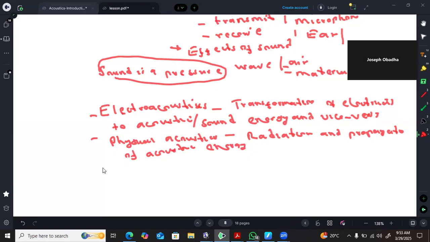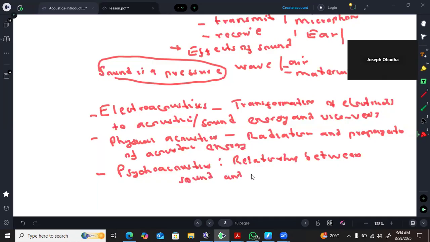Other branches that we may mention include, for example, psychoacoustics. Psychoacoustics actually refers to the relationship between sound and auditory events.